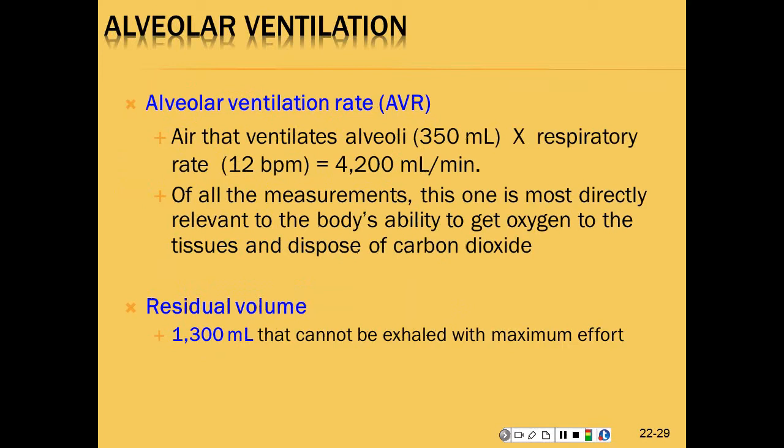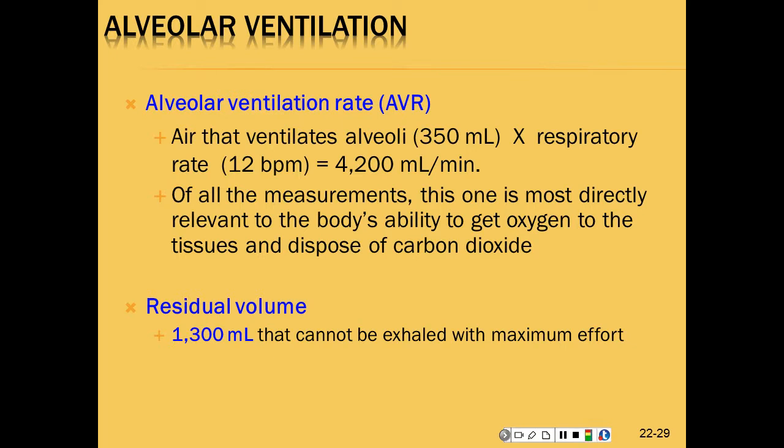Now our AVR, alveolar ventilation rate. This is the amount of air that ventilates the alveoli times the respiratory rate. We already said that we have 350 milliliters of air entering into the alveoli, correct?